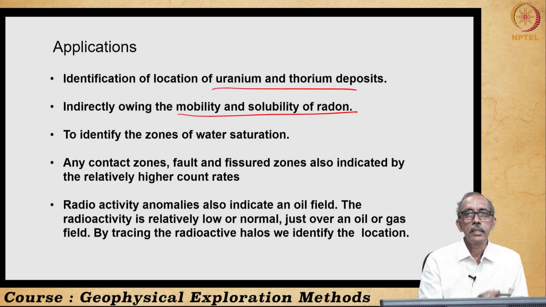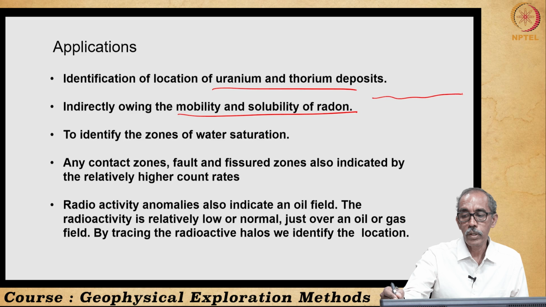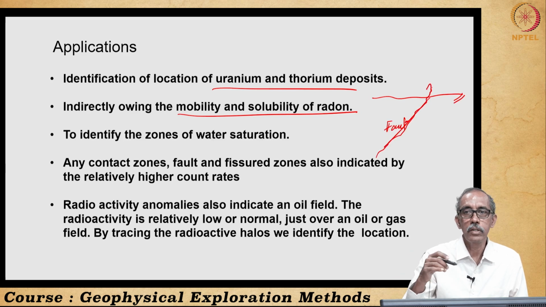Also, the only radioactive gas is radon. Radon can be measured using special instruments, a radon anemometer, that help us to identify major structures below the surface of the earth. Suppose there is a major fracture, which is a fault, radon gas will try to escape through the fractured zone.